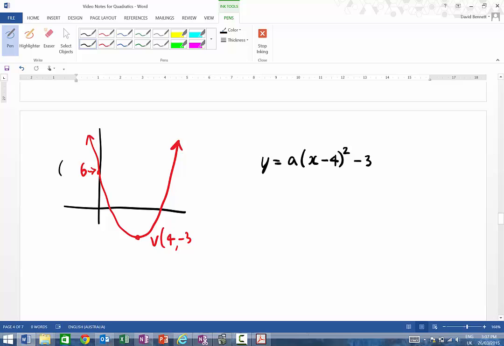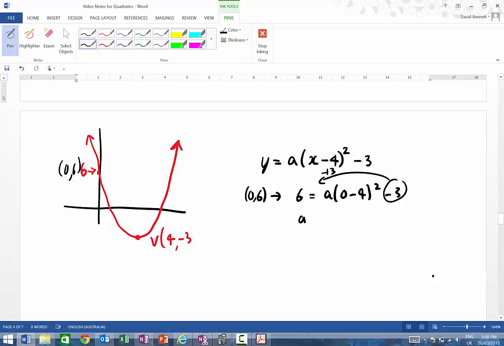So that's my equation there. Again, I'm going to use a point that's on the curve, so that's going to be (0, 6). I'm going to put that point into the equation, and that gives me 6 is a(0 - 4) squared - 3, so that's going to be 16, negative 4 squared is 16, and then I'm going to bring the 3 across, that 3 becomes plus 3.